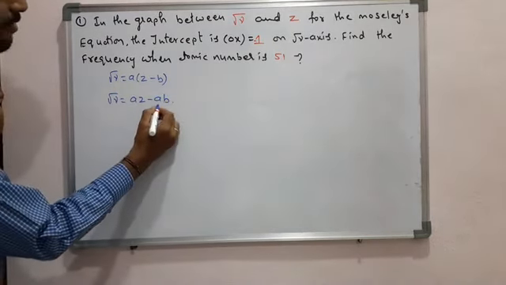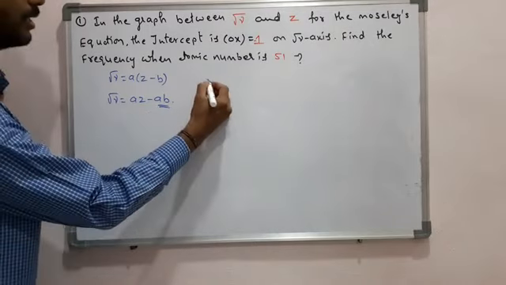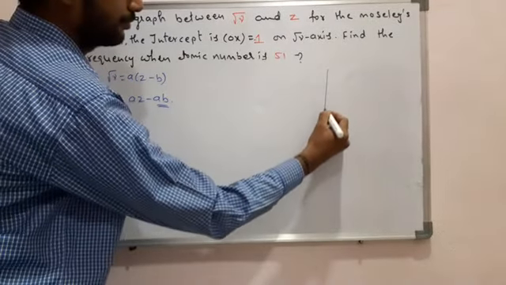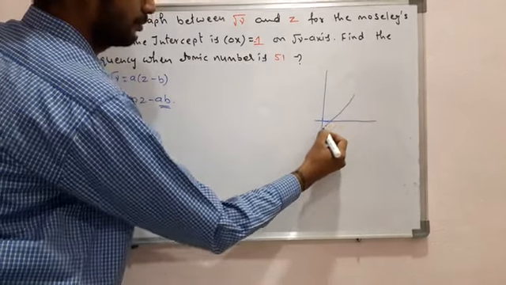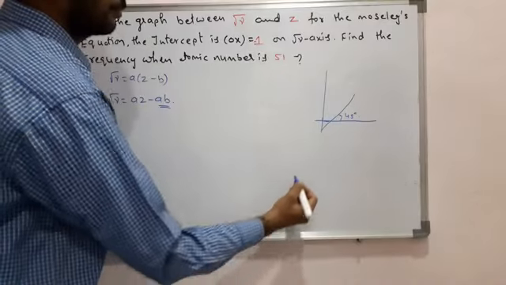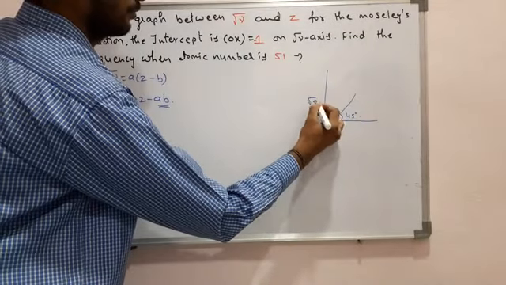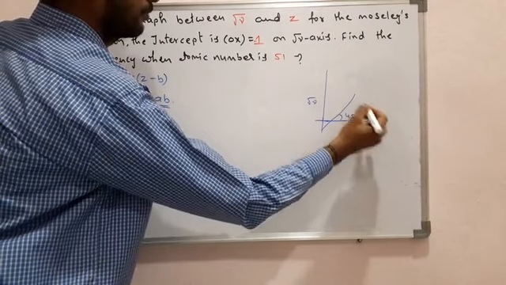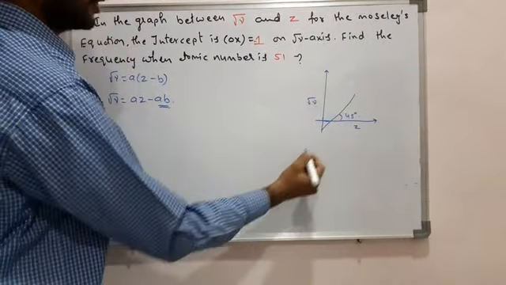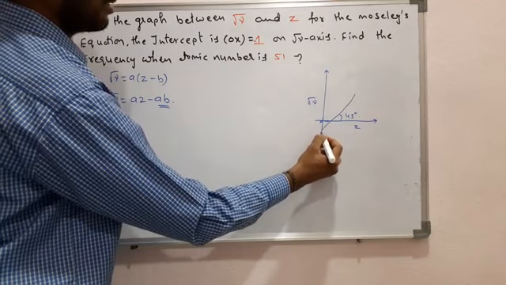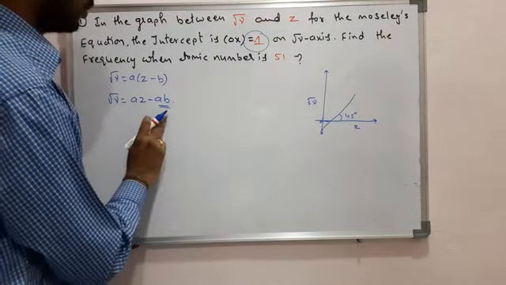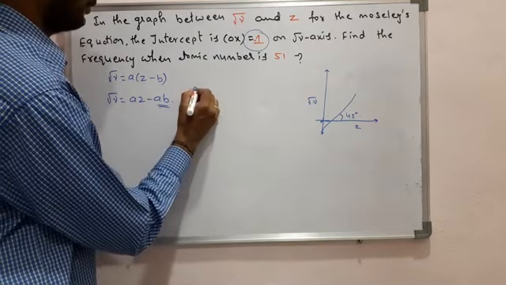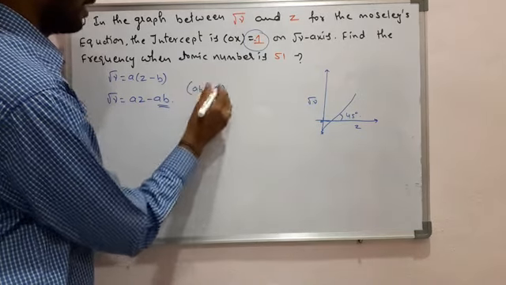Here the intercept is given, the intercept AB, so the intercept value you can say OX. The OX value is given as -1. So here AB is given as -1.